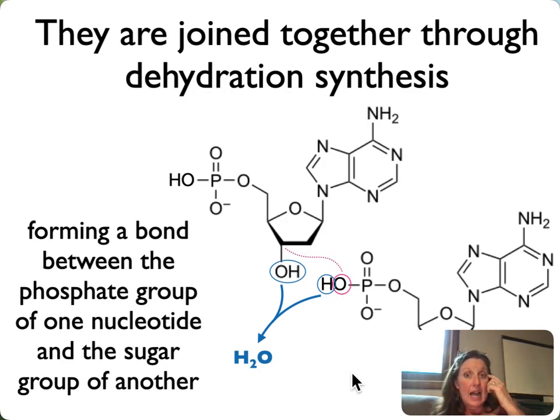Now, nucleotides are joined together to build a nucleic acid through dehydration synthesis, the same process that every organic molecule does in our body. So this forms a bond between the phosphate group of one nucleotide and the sugar group of another nucleotide.